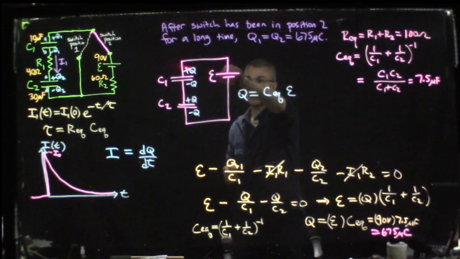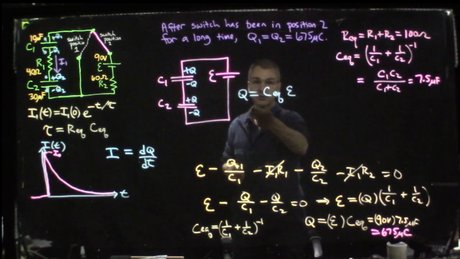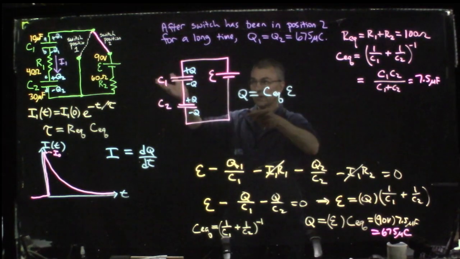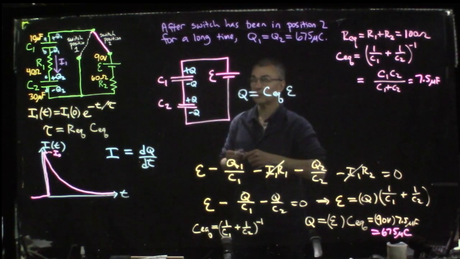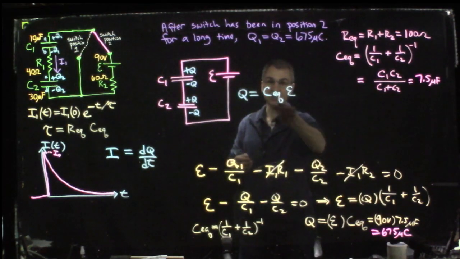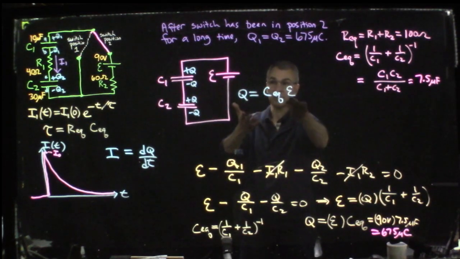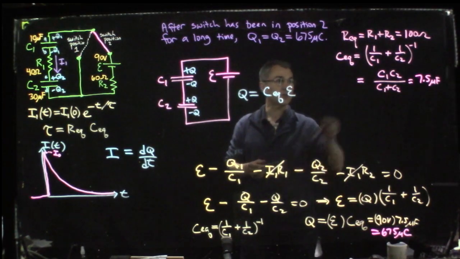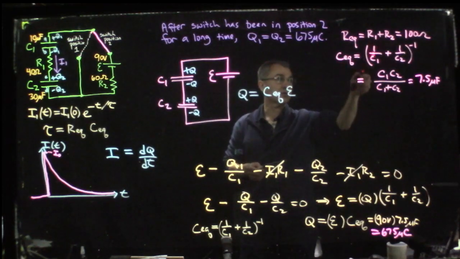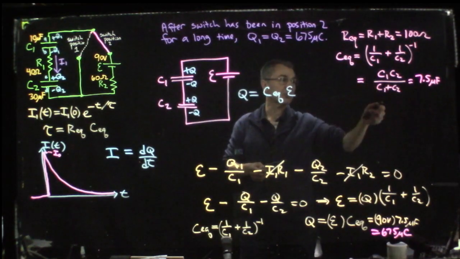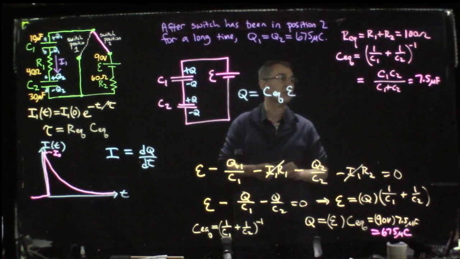And then here's capacitor 1, capacitor 2, with plus Q, minus Q on each. So this value of Q in this steady state when the current has become 0 is just the equivalent capacitance, the series capacitance, times the battery voltage. And that series capacitance is given by either one of these two expressions: the reciprocal of 1 over C1 plus 1 over C2, or C1 C2 over C1 plus C2.